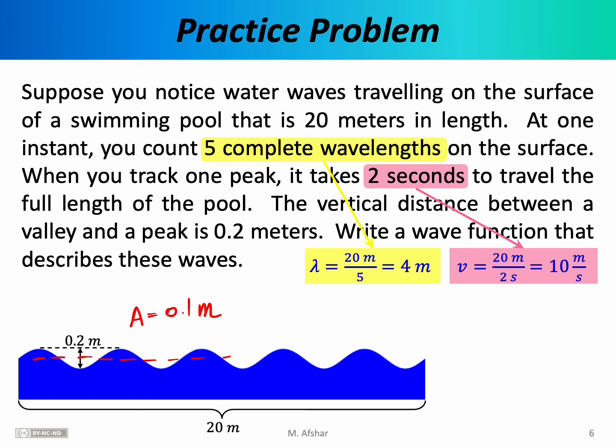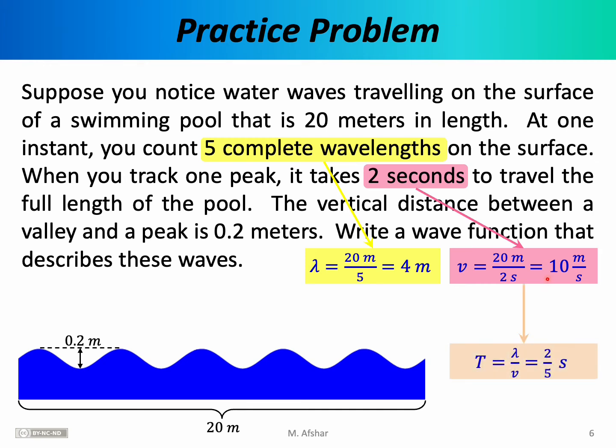In your mechanics course, you learned that if an object travels some distance, let's call it delta x, in some time delta t, then the ratio of distance to time is basically the speed of that object in meters per second. So here what we're finding is that the speed of the waves is simply 10 meters per second.